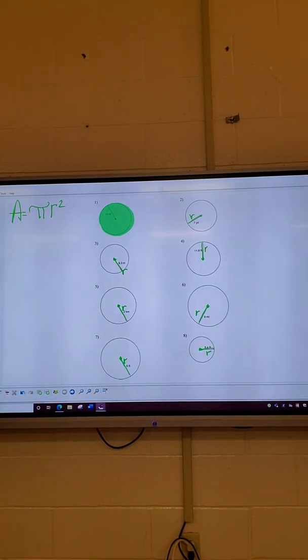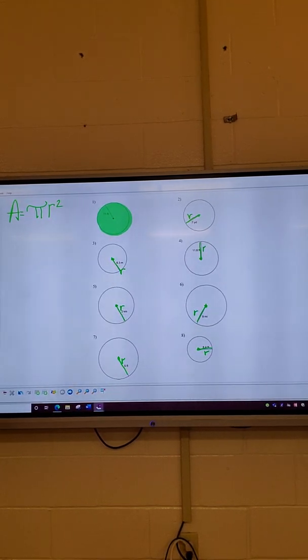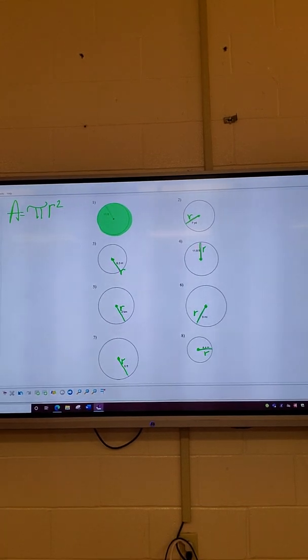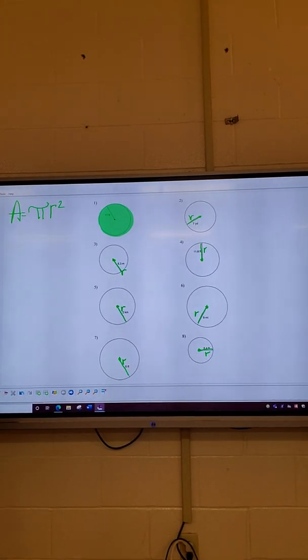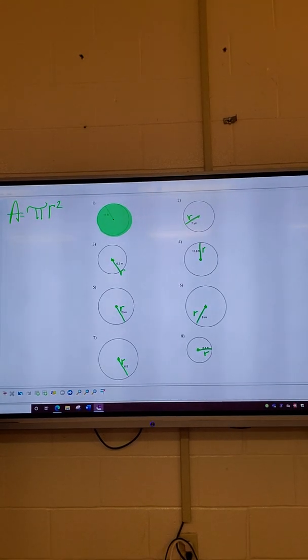Whatever color you shaded on the front, I want you to write on your white sheet of paper numbers 1 through 8. You've got 8 sections.